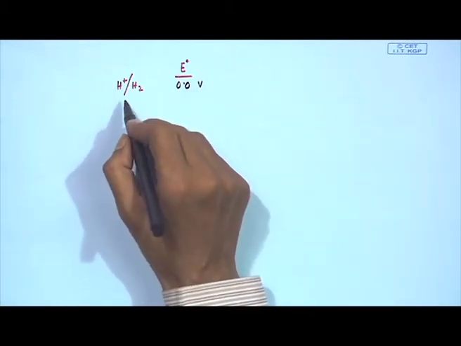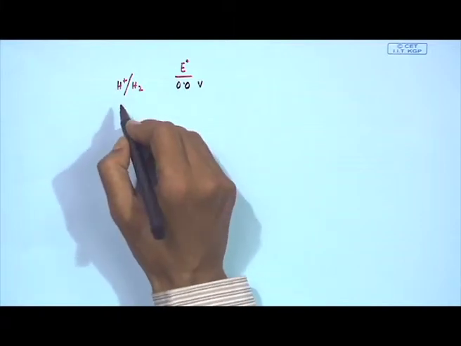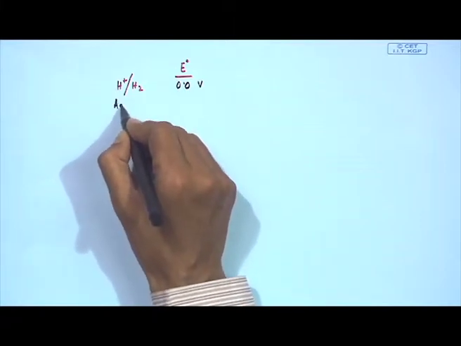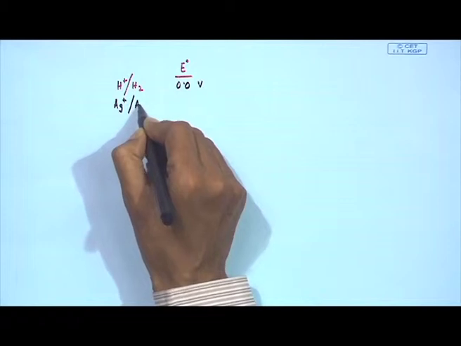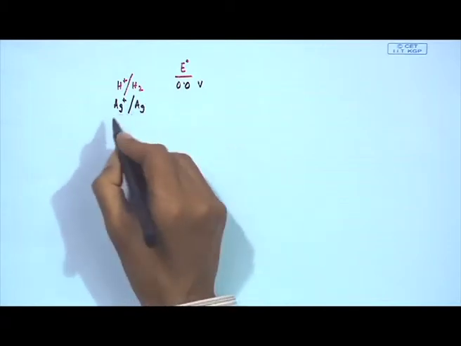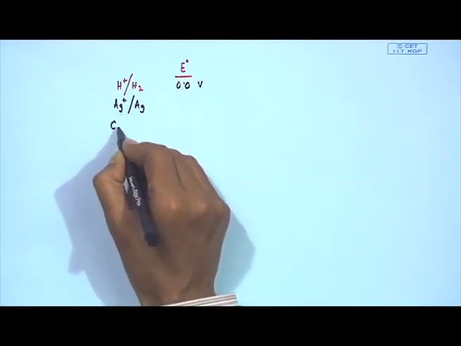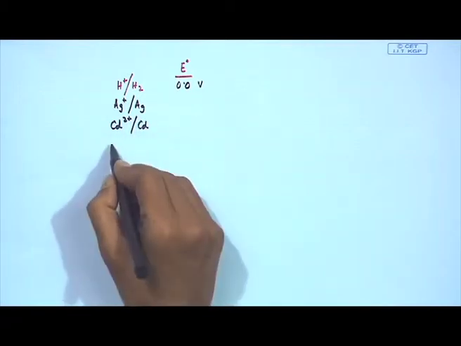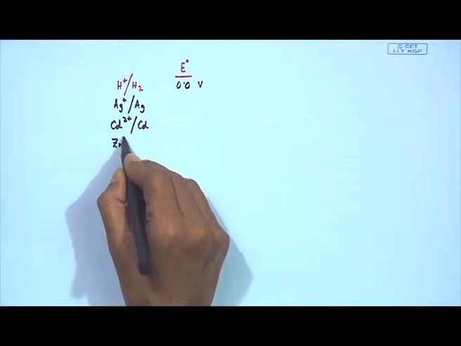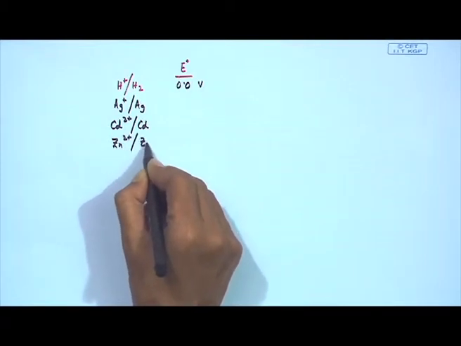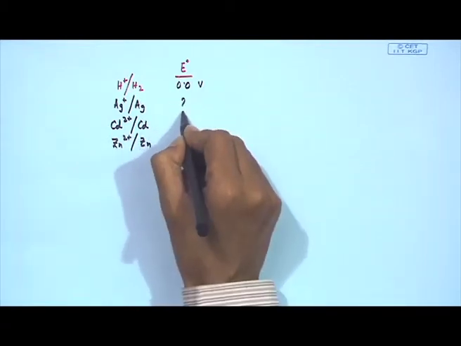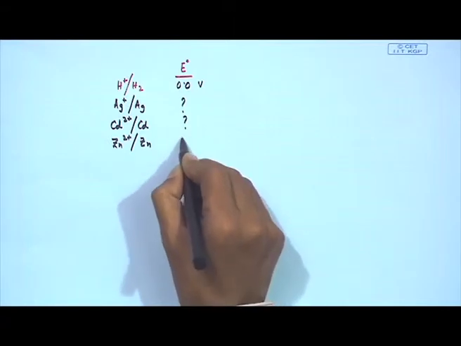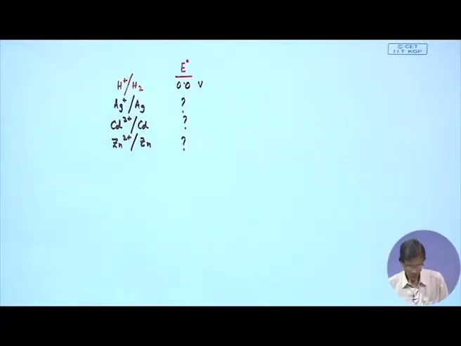We have the silver ion and silver 0, then cadmium 2 plus and cadmium, and zinc 2 plus and zinc. So, what are these values? By looking at the reactions, we can have some good idea about the tendency.